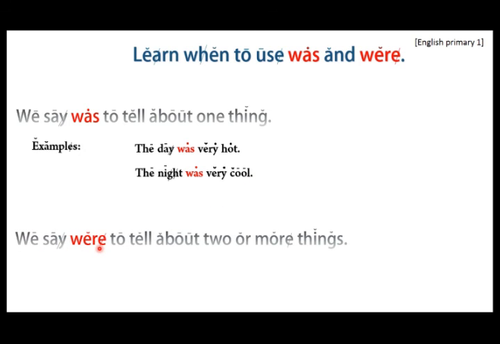We say were to tell about two or more things. Examples: The days were very hot, as against the day was very hot. The days were very hot. The nights were very cool.